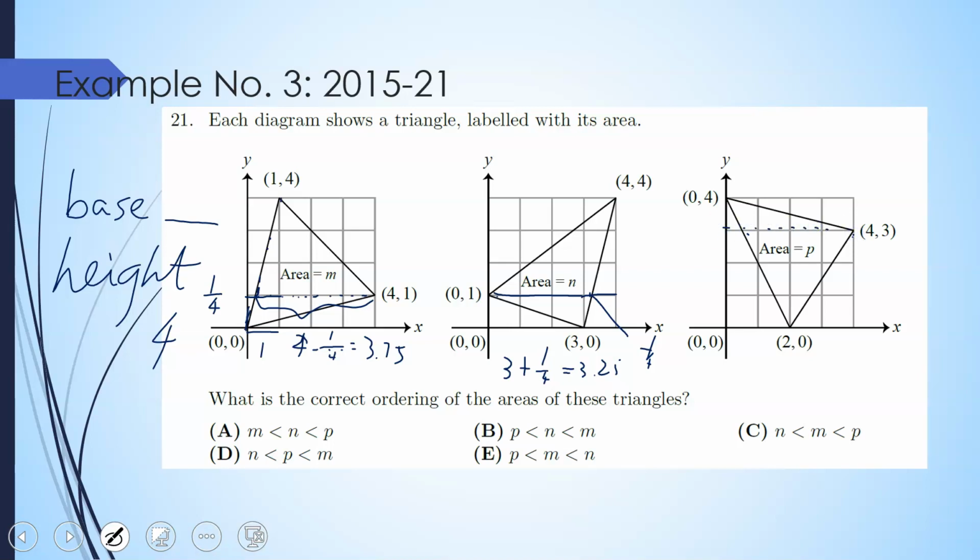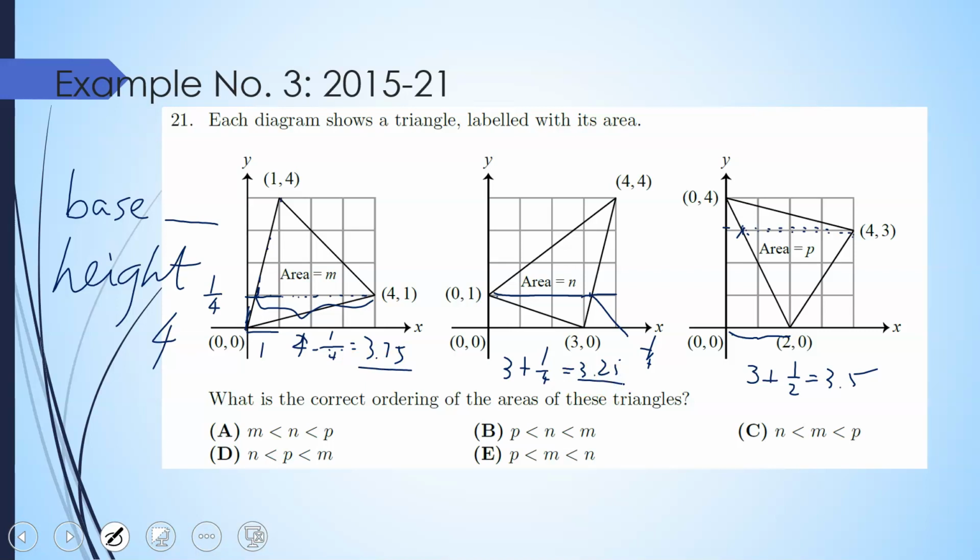This line bisects from the coordinate 2, 0 all the way to 0, 4. So this happens to bisect this in the middle. So the base for this triangle above or below it will be 3 plus 1/2. That is 3.5.